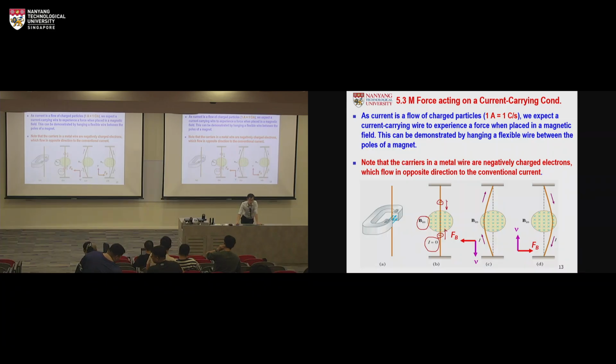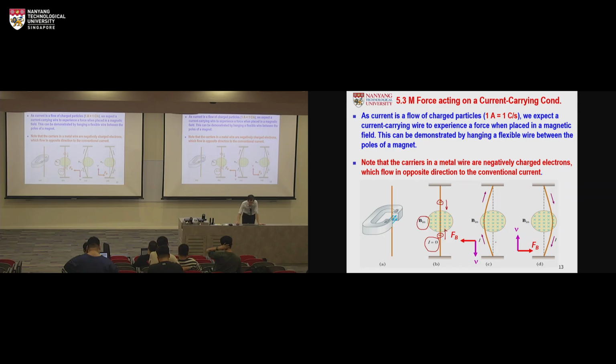For each electron, you still have a finite F_B, but these two electrons' F_B cancel each other.